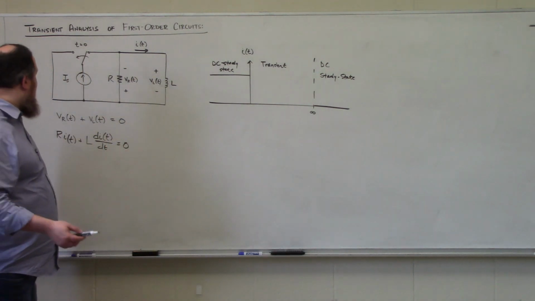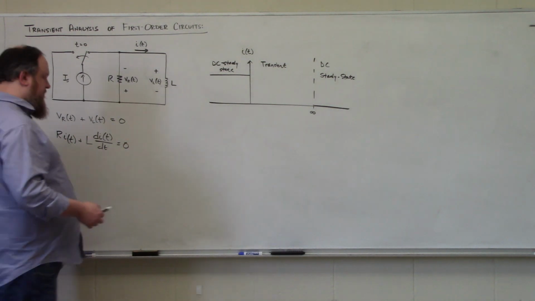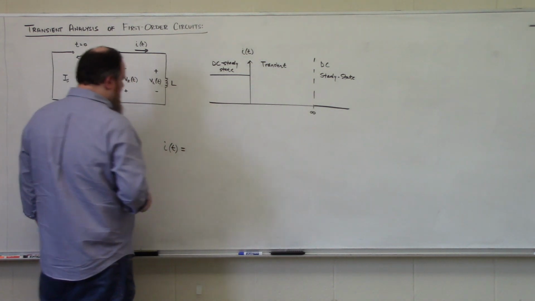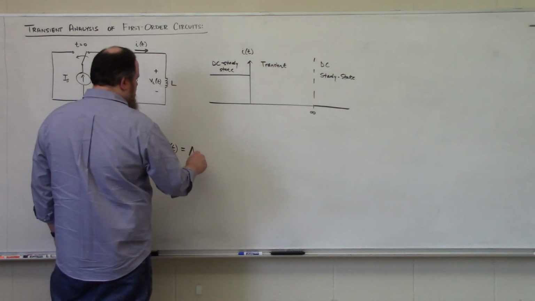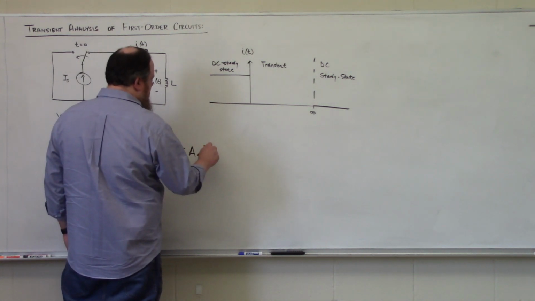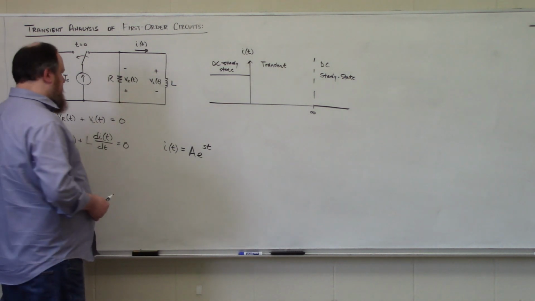And we're going to make a guess on the shape of our current i(t). Our guess will be the exact same thing it was in the case of an RC circuit. We have an exponential function with some unknown coefficient A, e to the st, where s is the eigenvalue or natural frequency of the system.